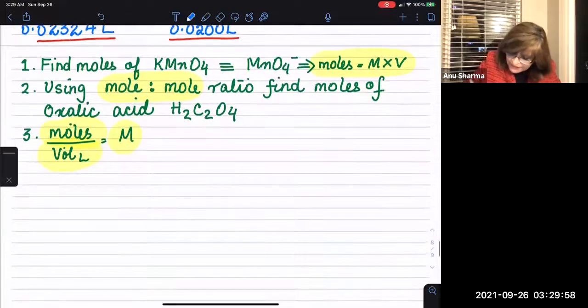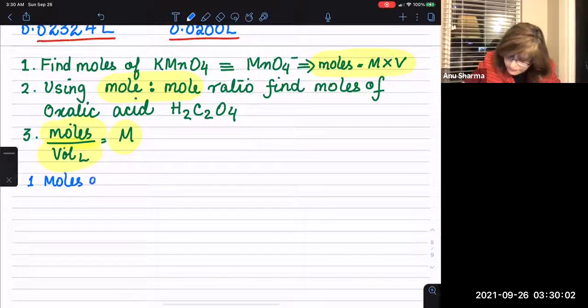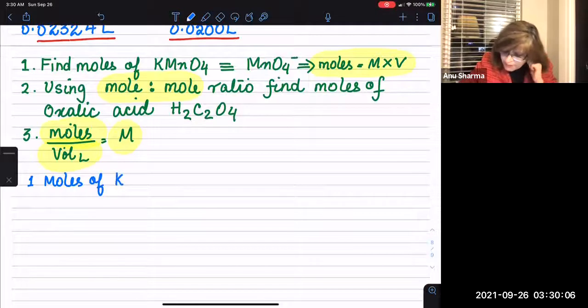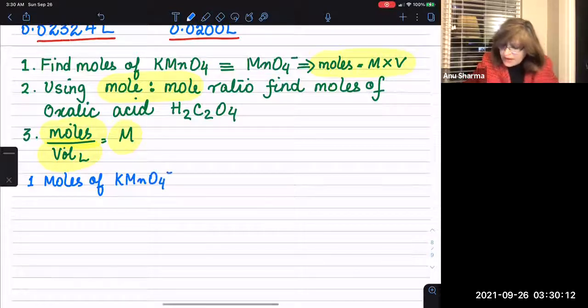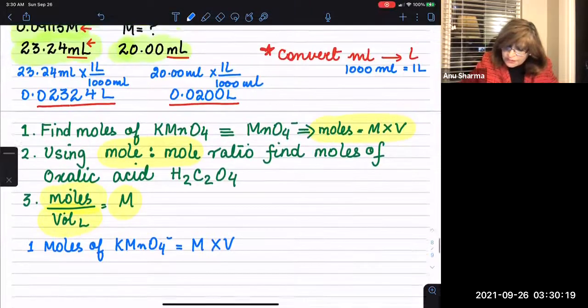So number one is finding the moles of KMnO4. Actually, it's coming from the permanganate ion they've given you. It's actually coming from KMnO4. Okay, moles of KMnO4. So that is the molarity times volume. And what was the molarity?